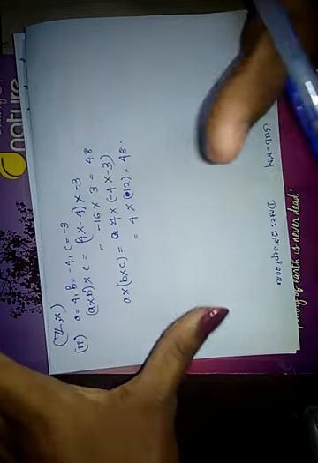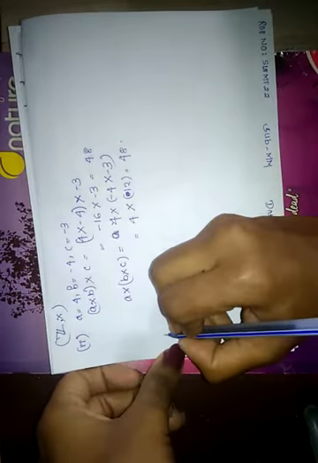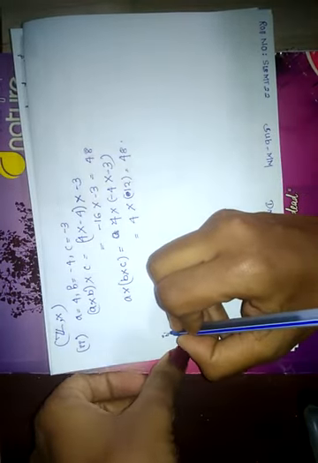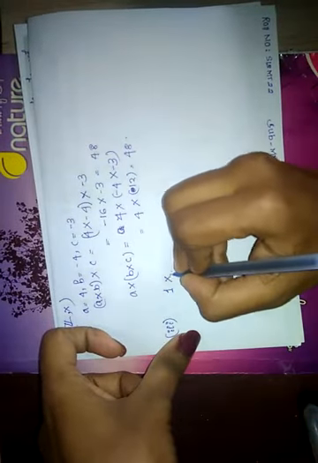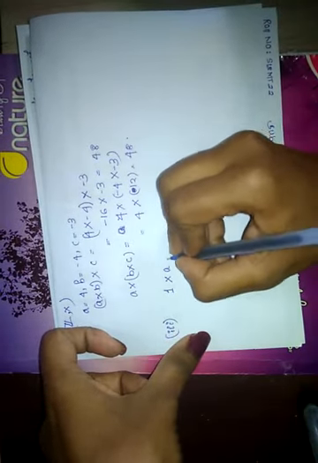Now we have the third property, the existence of identity. Is there any element which when multiplied with any element of Z gives the same element? The answer is yes, because when 1 is multiplied with any element, say A belonging to Z, it gives the same element.